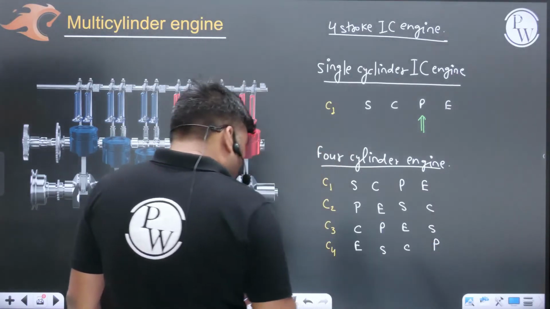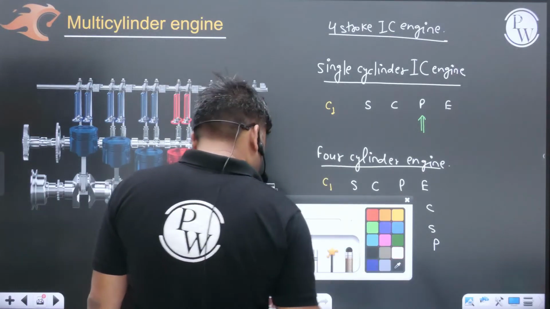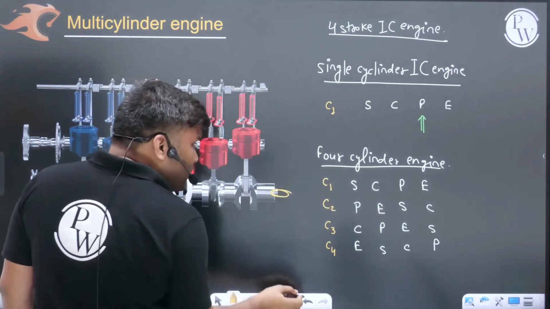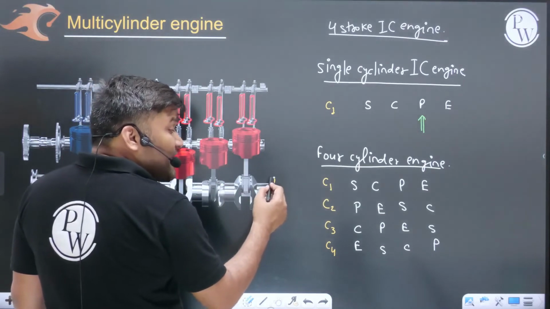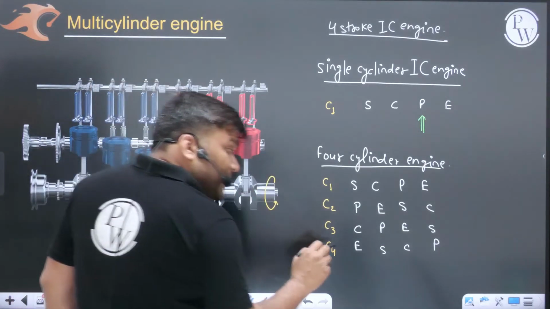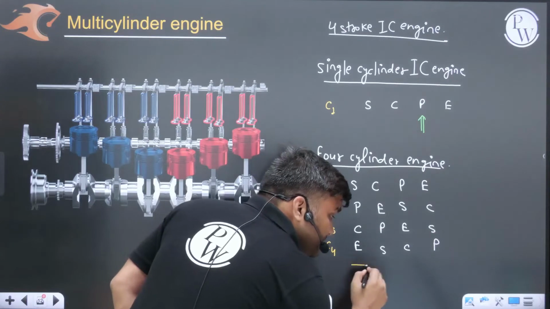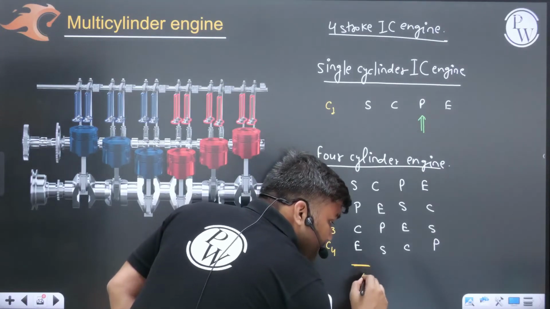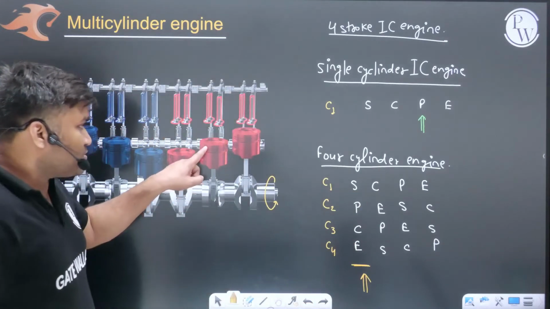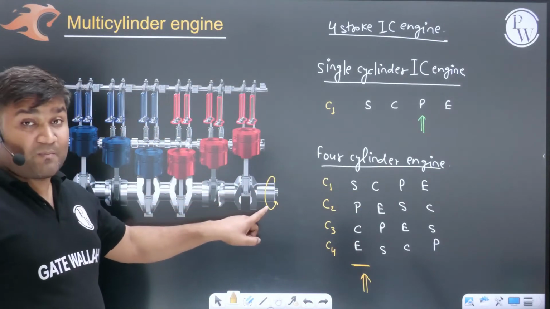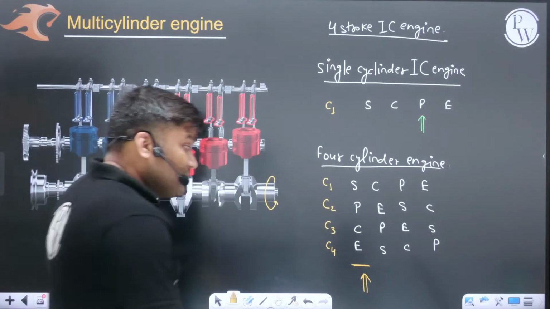Getting a point? Now, just look at the crankshaft. Don't look at the cylinders. Look at the crankshaft. Can you feel, sir, in this stroke, energy is available. Why? C2 cylinder has given power here, so the crankshaft has some positive energy available here.